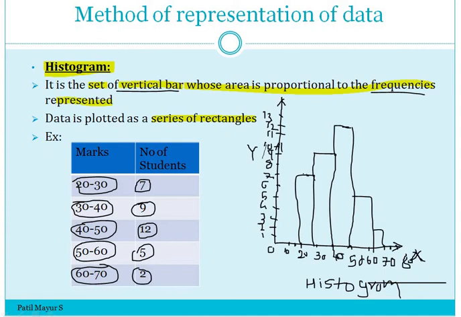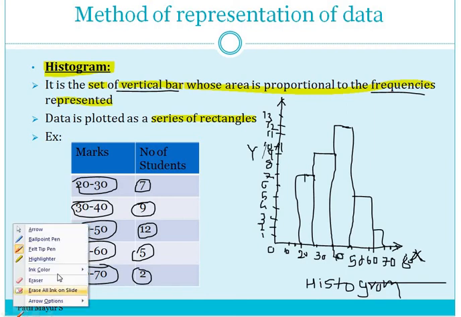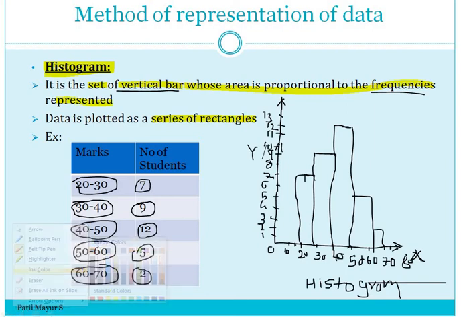So we have to find the midpoint of 20 to 30, 25. We'll take another color. So here this is the midpoint, this is the midpoint, this is the midpoint.